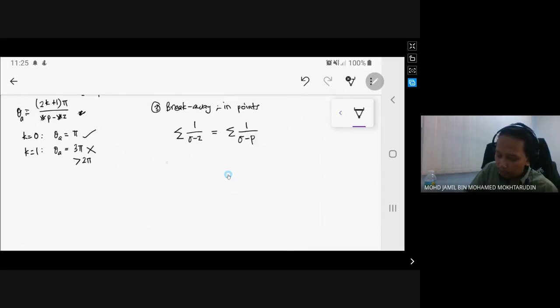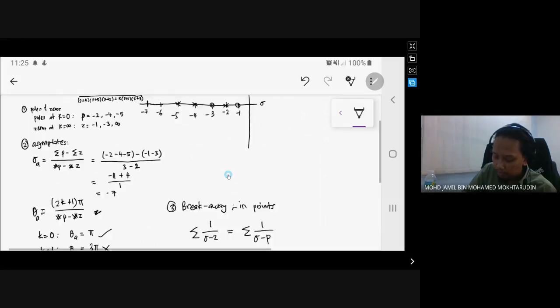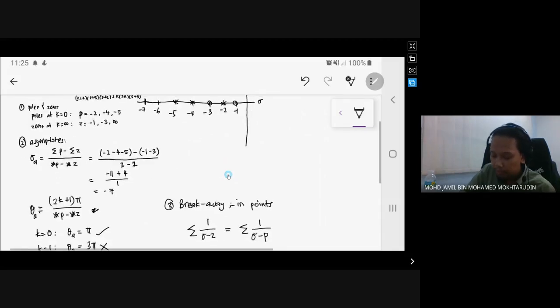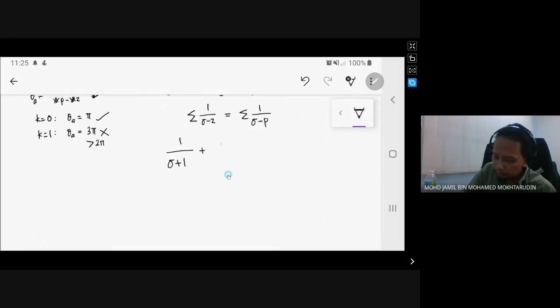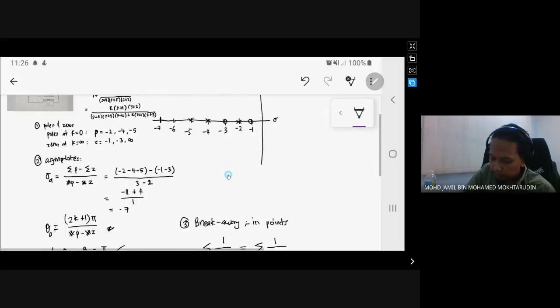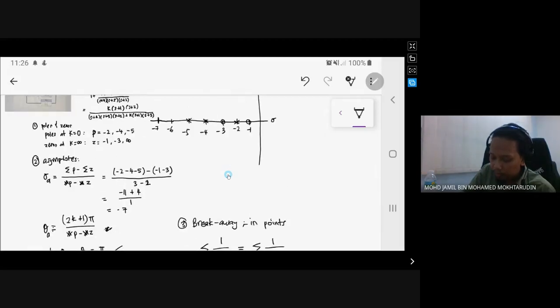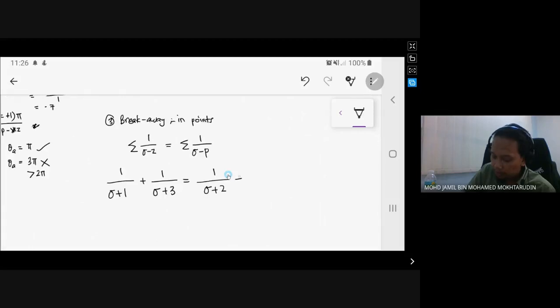So we have 1 over sigma plus 1, okay, plus 1 over sigma plus 3, equals 1 over sigma plus 2, plus 1 over sigma plus 4, plus 1 over sigma plus 5. The zeros are minus 1 and minus 3, and the poles are minus 2, minus 4 and minus 5.